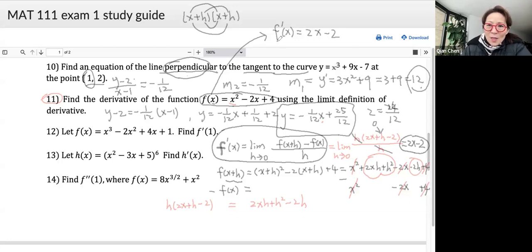But for polynomial-like functions, we could use something called the power rule as a shortcut. You could use the power rule to check, but in the test, you have to go through the definition to do this. If you only use the power rule, you won't get credit. Anyone has any question?